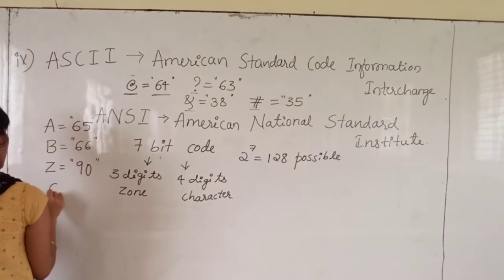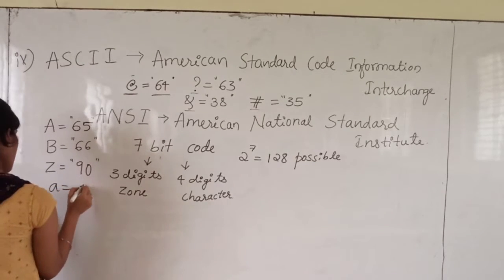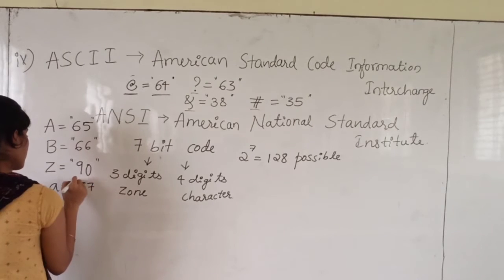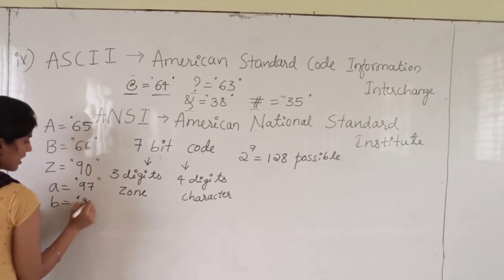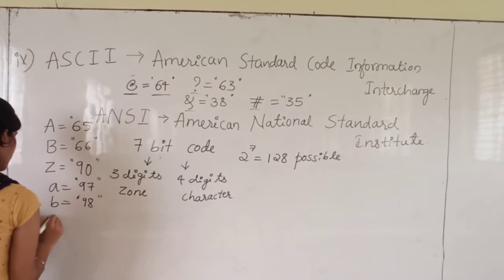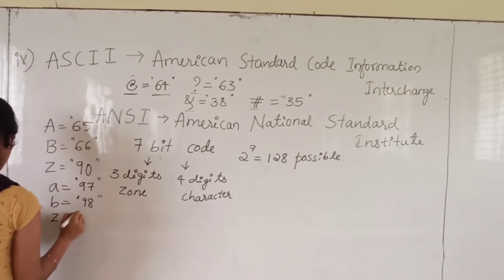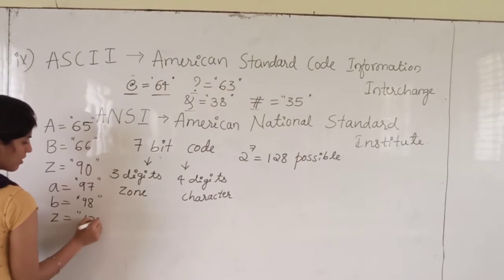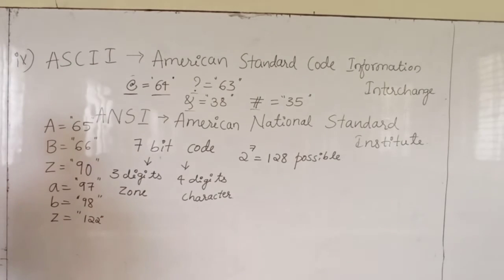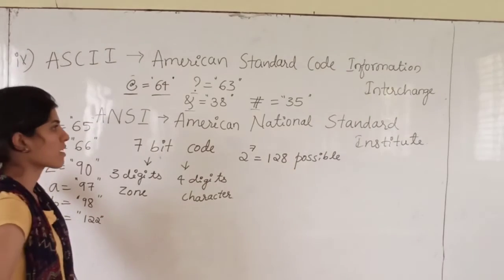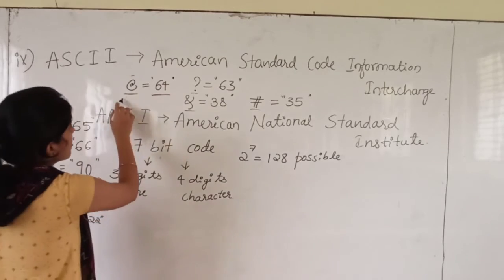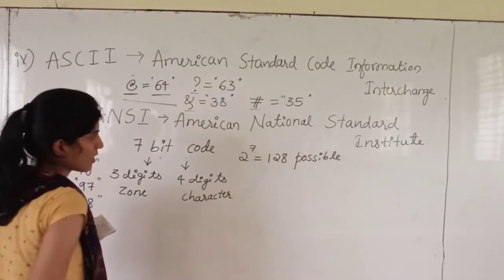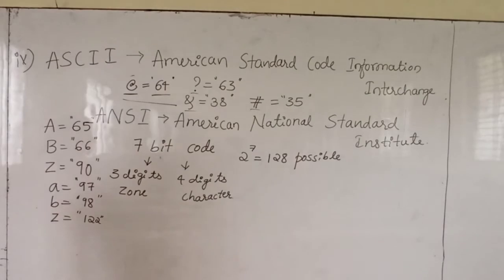For small a the ASCII value is 97, for small b it is 98, and for small z the ASCII value is 122. These are some ASCII codes represented for every character, whether alphanumeric or any special character.